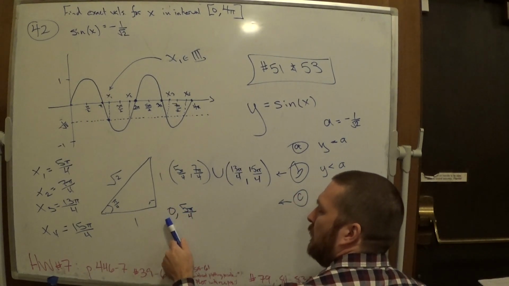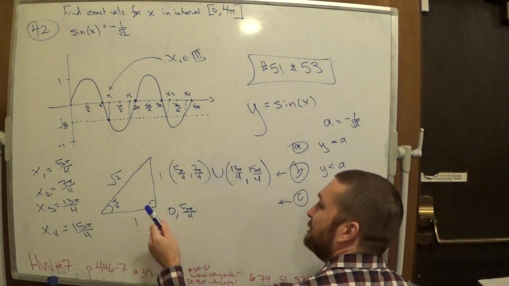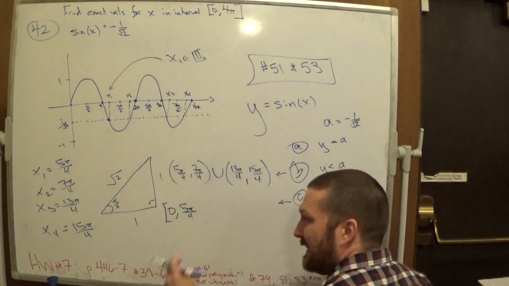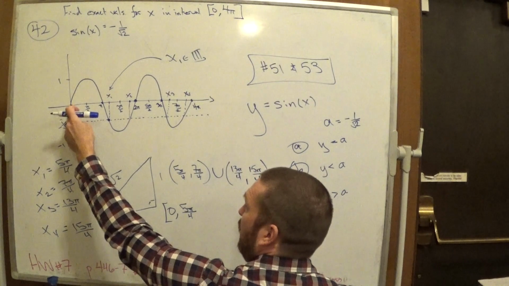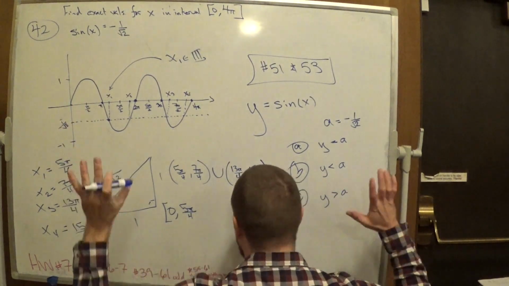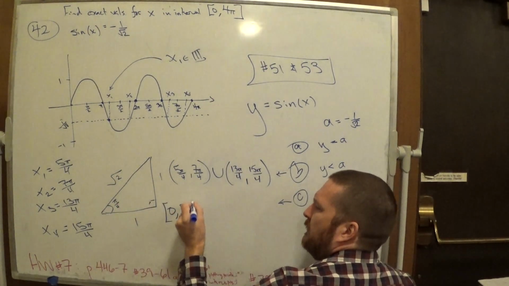Now, soft or hard bracket? Hard. Yes, because if you plug in the 0, it is bigger than that right there, and so it satisfies that, so we do include it. Soft or hard here? Soft.